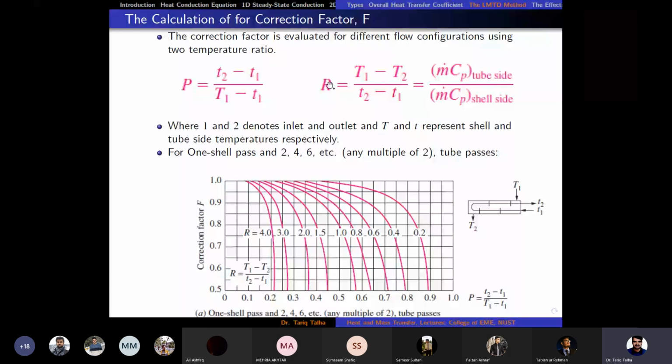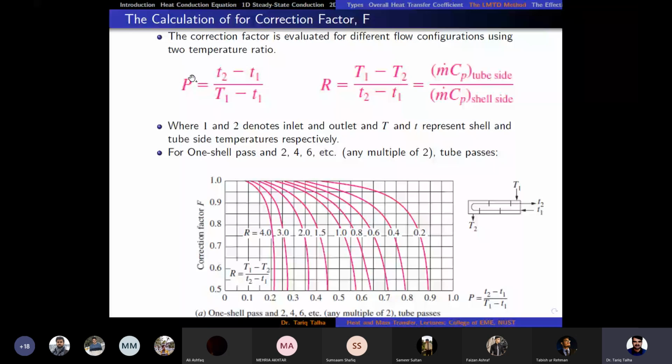And then there is capital T and small t. Capital T is the fluid which is passing through the shell side, and small t represents the fluid which is passing through the tube side, right? So the shell side is the outer bigger pipe, and the tube side is the inner tube which is of small diameter.